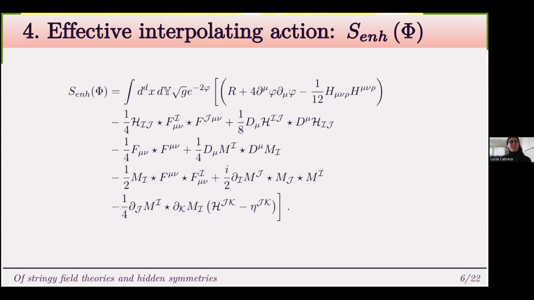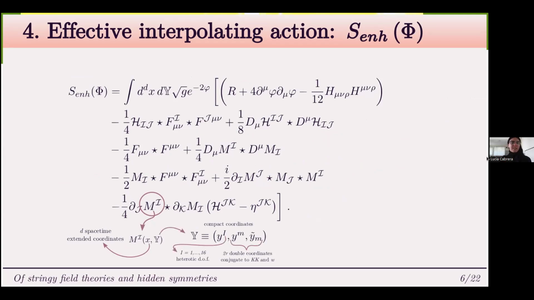In what sense? In the sense that all of the fields present depend on 2 things. First of all, extended space-time coordinates, so d space-time extended coordinates, and a set of compact coordinates. So these compact coordinates, we will have a little bit, which is the heterotic degrees of freedom, and then we will have what we will care the most about, a double set of coordinates.